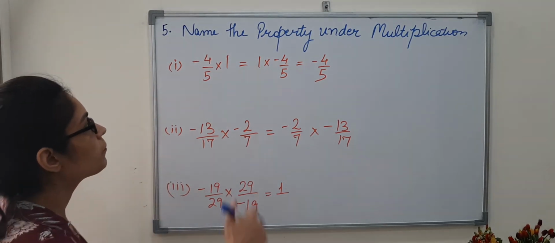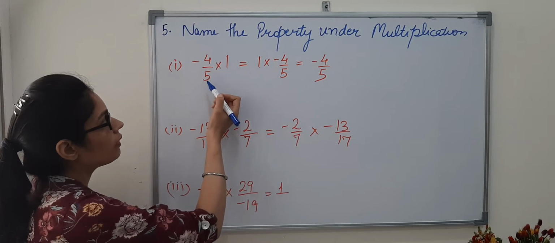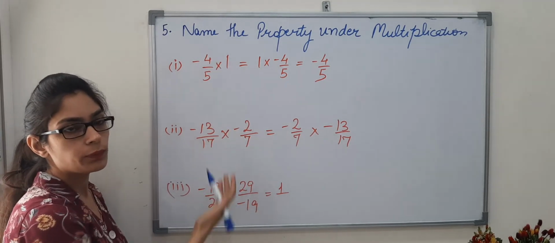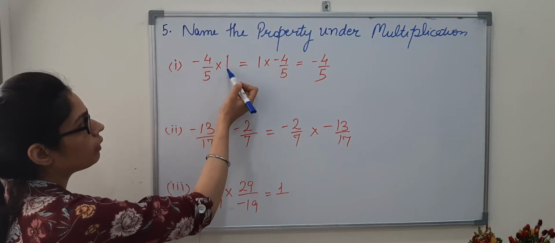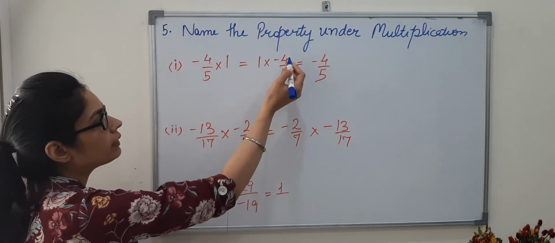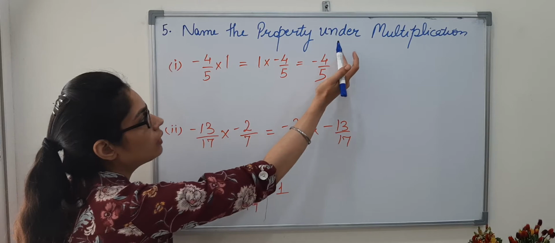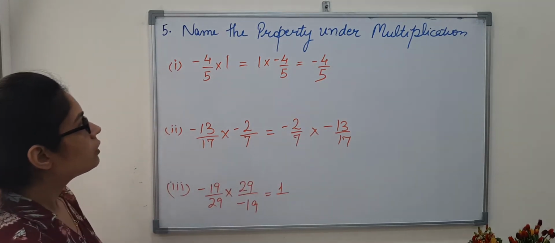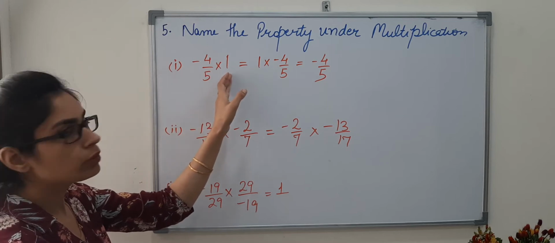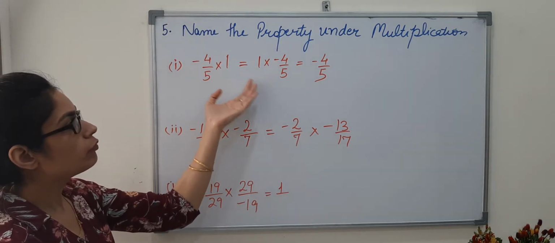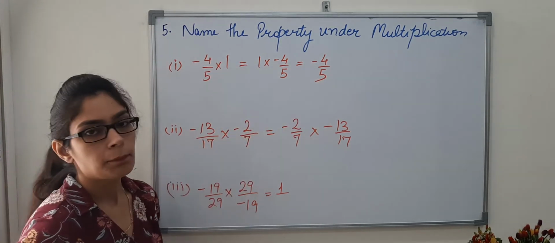Now let's start. Minus 4 by 5, 3 parts are there, and all 3 I am discussing over here. Minus 4 by 5 into 1 is equal to 1 into minus 4 by 5 is equal to minus 4 by 5. So whether I multiply a number with 1, or multiply 1 with a number, I am getting the number itself.